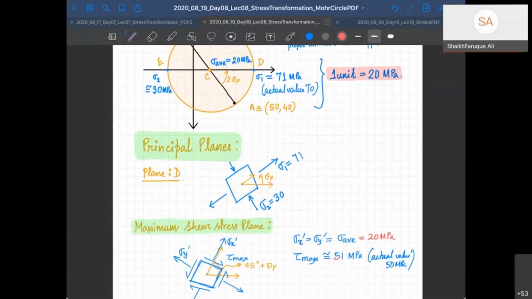Now we check sigma 1 plus sigma 2: 71 plus minus 30 is around 40, let's say 41. Let me write it 41. Why not? It can be a little bit erroneous when we're doing this. So around 20.5, which is almost near what you have been given as sigma.